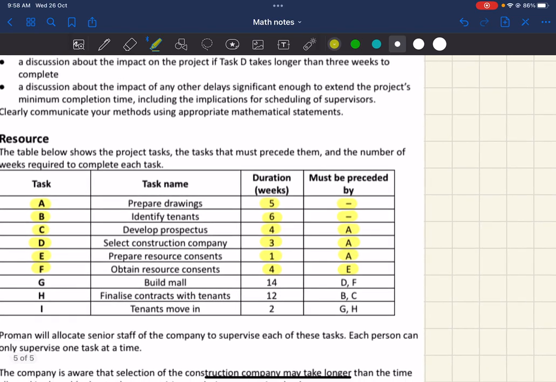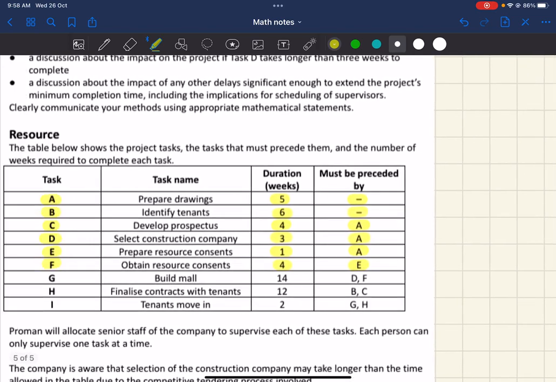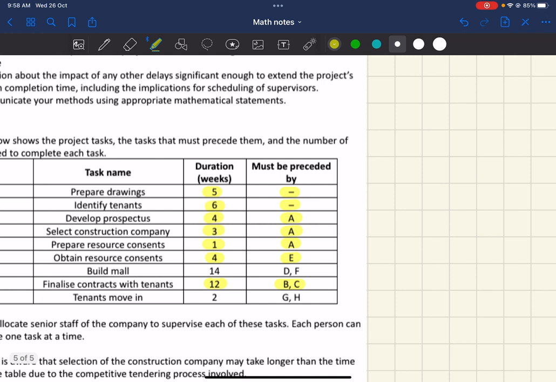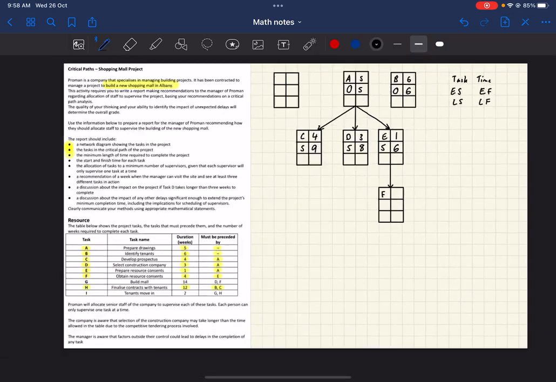We could do H, because we've done B and C already. But we can't do the other ones because we haven't done F yet and we haven't done G and H. We're doing F now, so we'll be able to do that next.